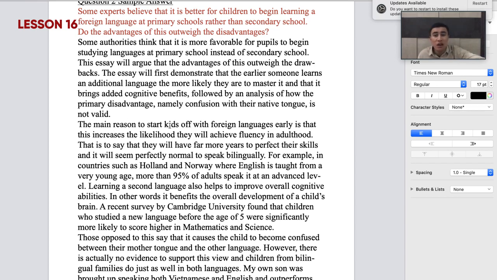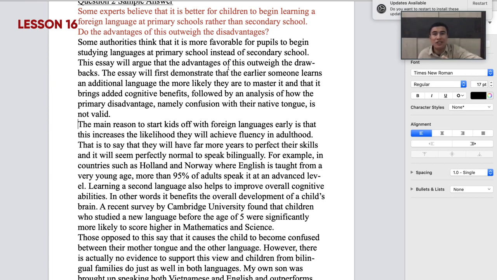The main reason to start kids off with foreign languages early is that this increases the likelihood they will achieve fluency in adulthood. So the main idea of starting learning a certain language at primary school is achieving fluency in adulthood.